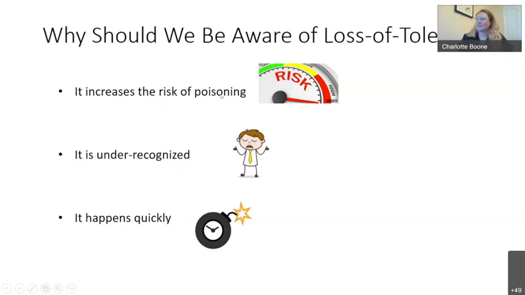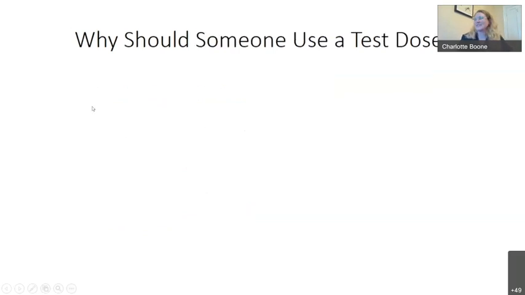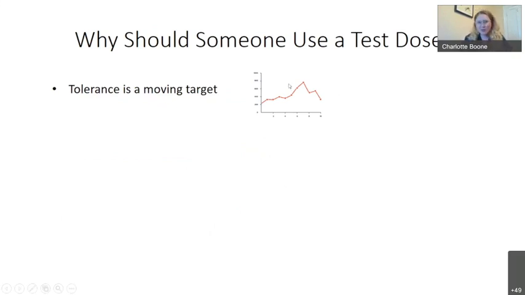So once we're aware of loss of tolerance, how do we address that? One of the ways we can address that is using a test dose. Because tolerance is a moving target, and this is not just following periods of abstinence, but always, somebody should use a test dose. So whether I'm getting a new supply, or maybe I've changed, or maybe I'm ill, maybe I've undergone a period of abstinence, or maybe just as regular practice, it's probably best to use a small amount of your drug sample before moving on.